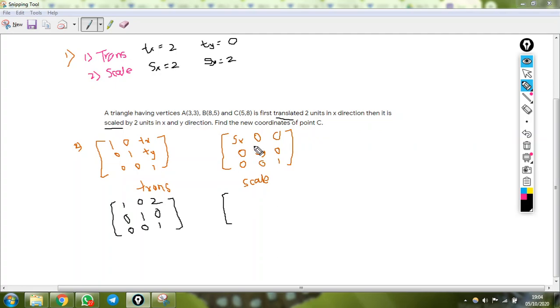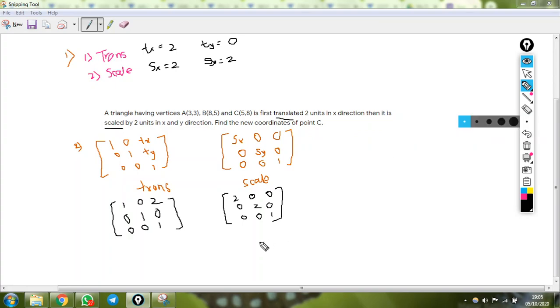Now for scaling we'll put sx value as 2: 2 0 0, 0 2 0, 0 0 1. Getting? So this is the translation and scaling matrix by putting the given values in this calculation.